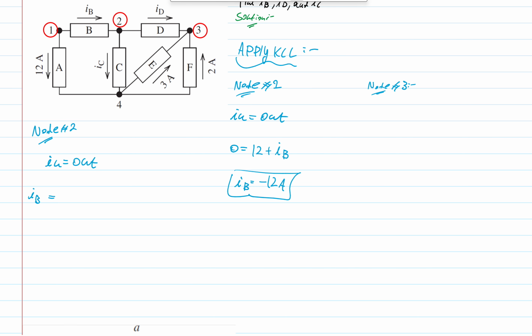All right. So what we'll do here is that we're going to take these values and just apply it. Right? So in is equal to out. I forgot to write that. So I1 is equal to I2 plus I3.